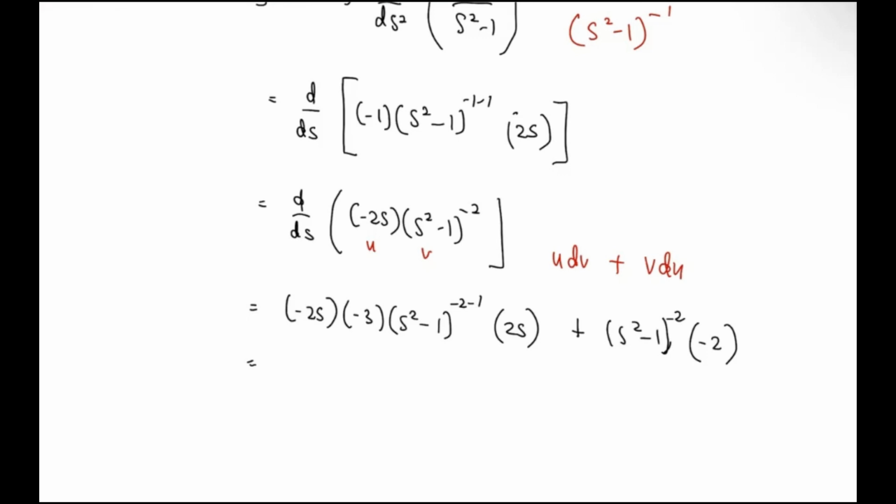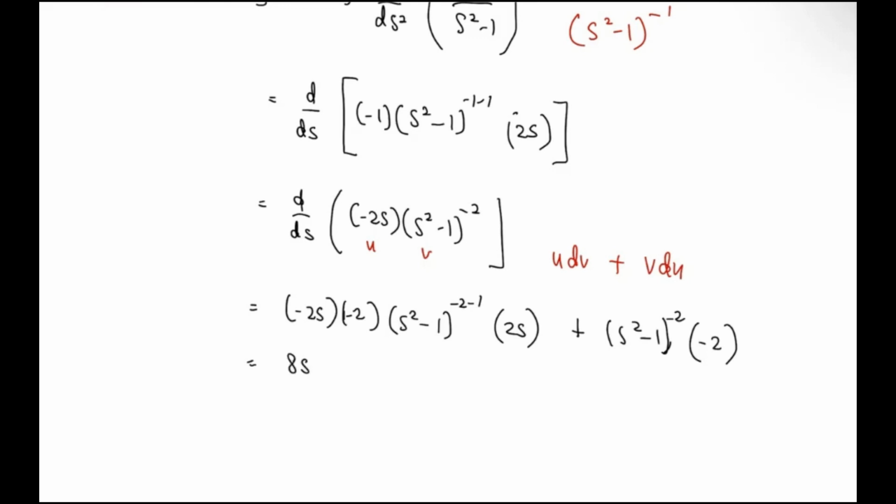So now you need to expand this one. Okay, one more. Here not minus 3, right? Here would be minus 2. Okay. So minus 2 times minus 2, 4. 4 times 2, 8.